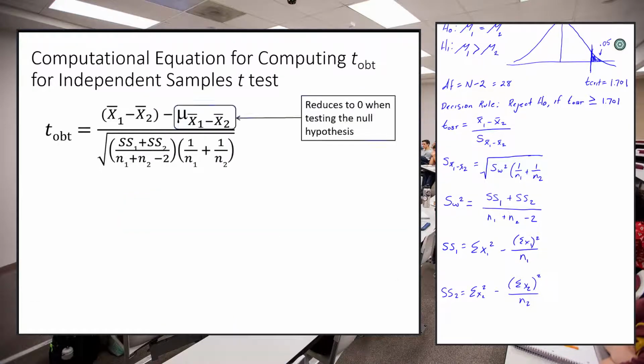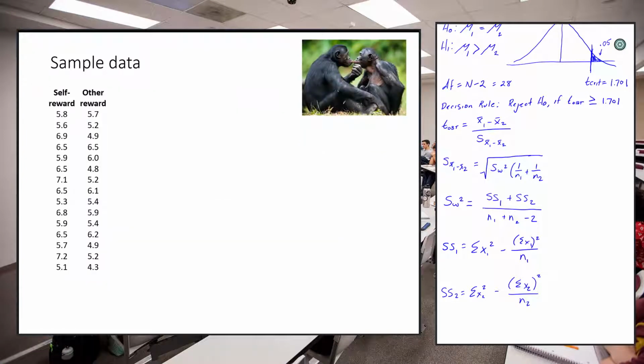Okay, so let's look at our sample data again. You can see here we have a column containing the number of minutes each bonobo spent grooming one of its friends after it did the cooperative game. And we have it for both the self-reward condition and the other reward condition.